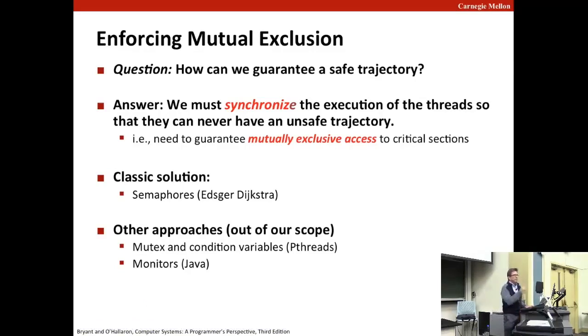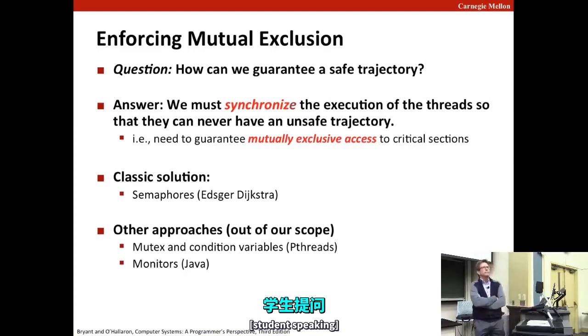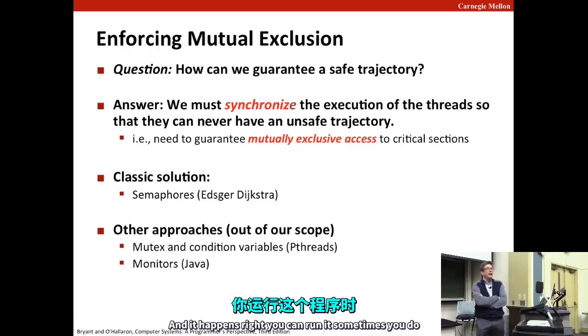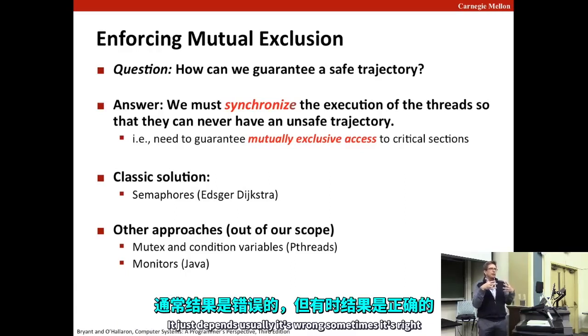Sorry. Yes, question? Going back on that problem, how frequently does that bug occur? It seems unlikely to me that the correct answer of 20,000 will ever be returned. Okay, so the question is, how likely is it that you get a correct trajectory? It happens, right? You can run it, and sometimes you do. Usually it's wrong, sometimes it's right.